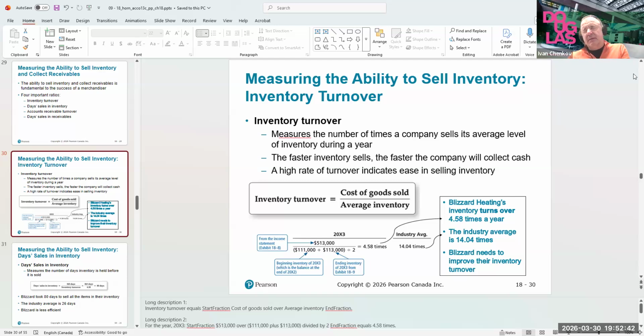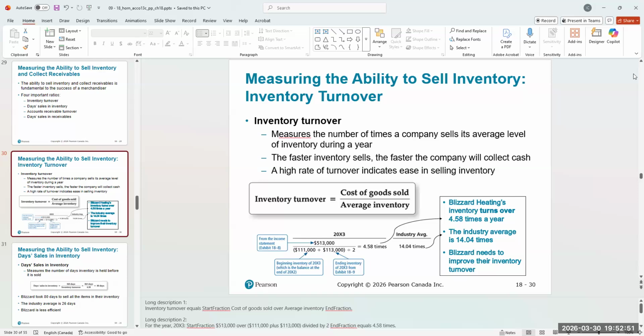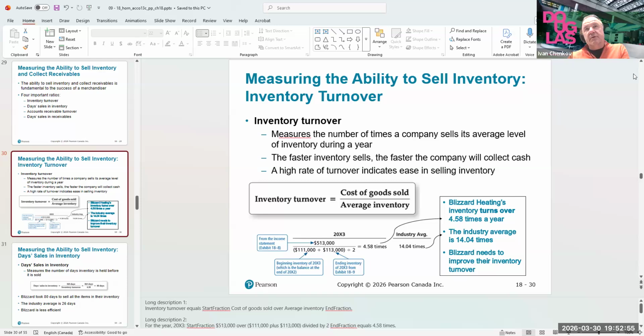But at the same time, we have to ask ourselves which industry we are in, whether it be engineering, medicine, or another industry. That would be one thing. So if I'm in the industry where I build military submarines, and my inventory turnover is 1, what does that mean to me?